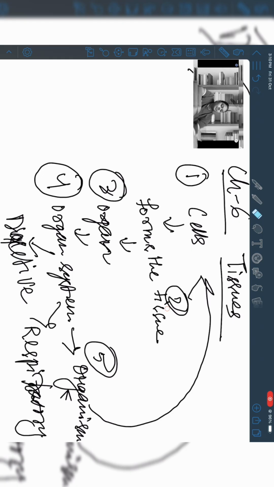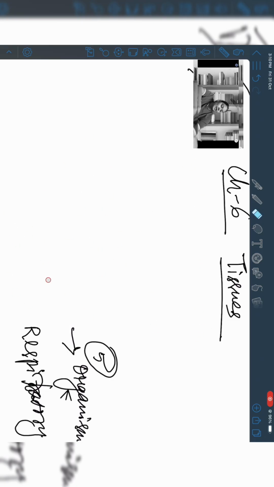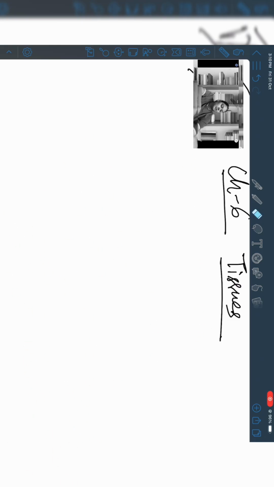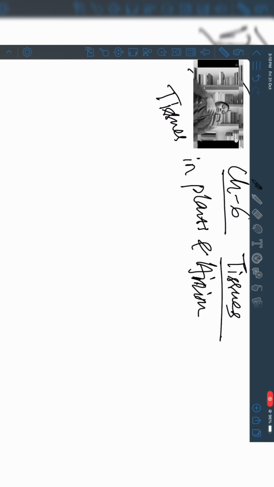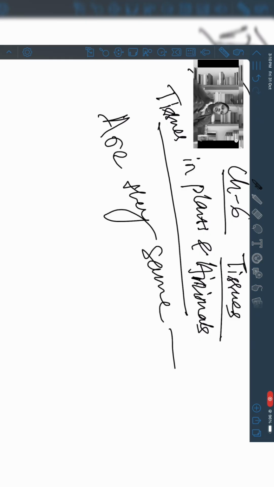So now coming to tissues in plants and animals. Are they same? Have you seen any living organism? It may be a plant, it may be an animal. Have you seen them look alike other than the cubs of tiger or the dog and the puppies?